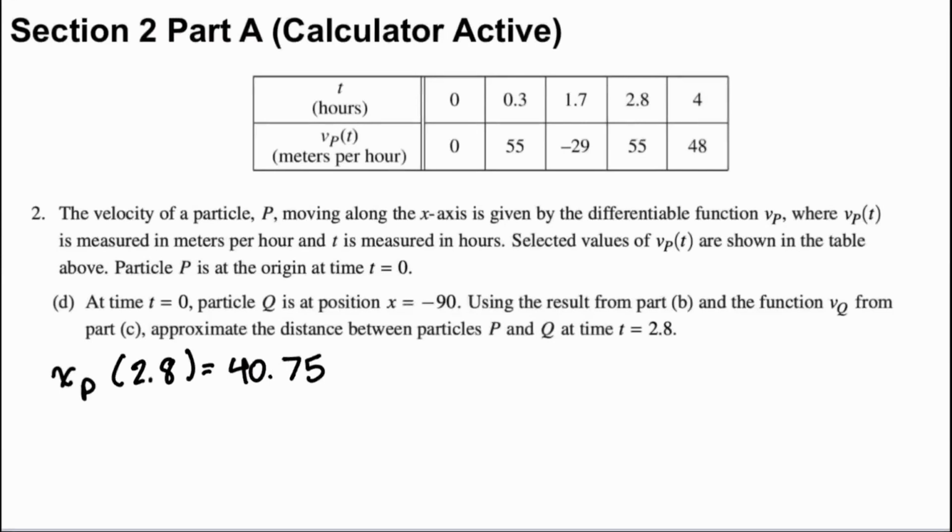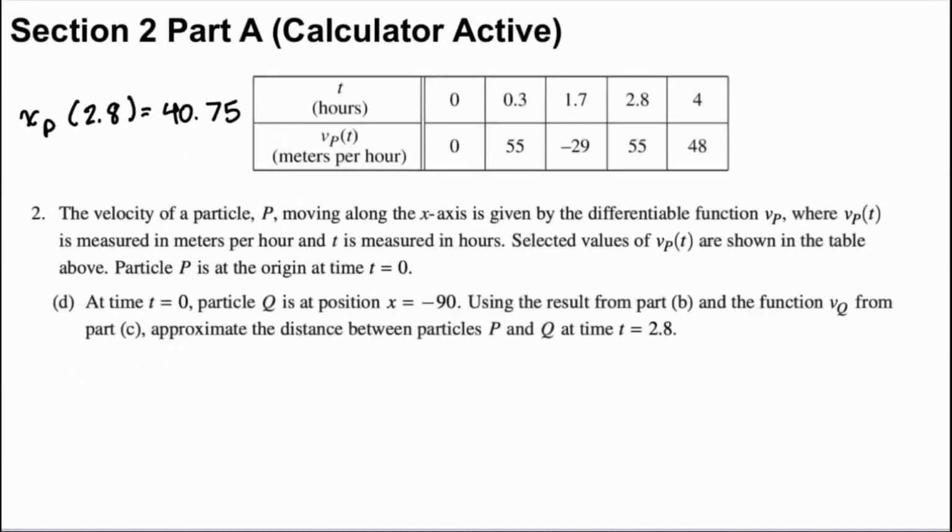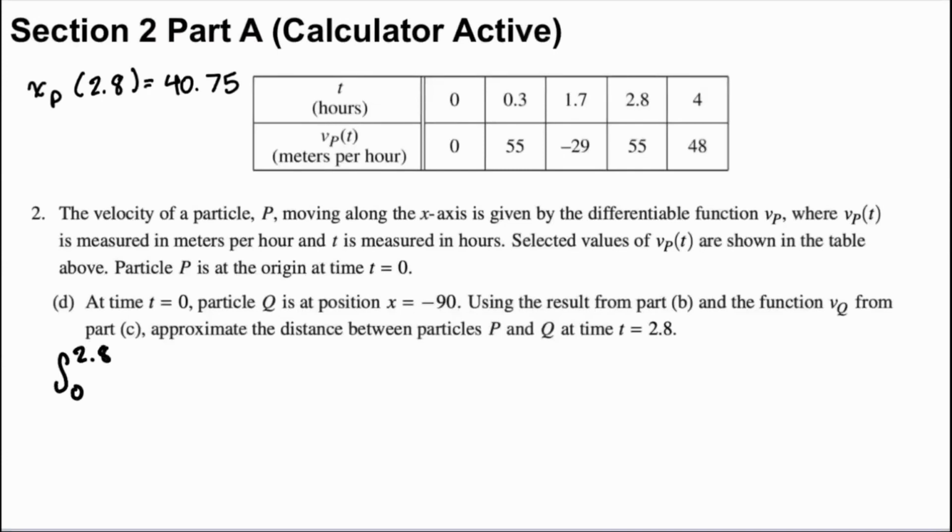And now we want to find the position of particle Q at time t equals 2.8 in order to find the distance between them. We want to subtract their positions in order to find the distance. So we already know particle P, that was found in part B. So I'm actually just going to move this up here, make it a little smaller, just so that we have space for particle Q. We're going to take the same integral from 0 to 2.8, but instead use the function for particle Q.